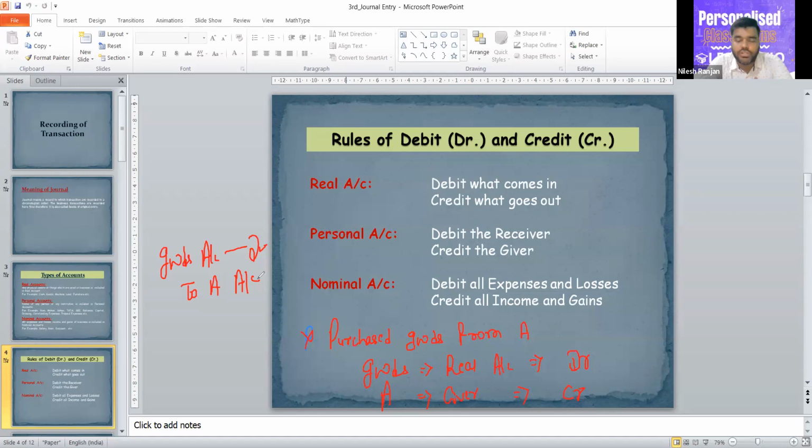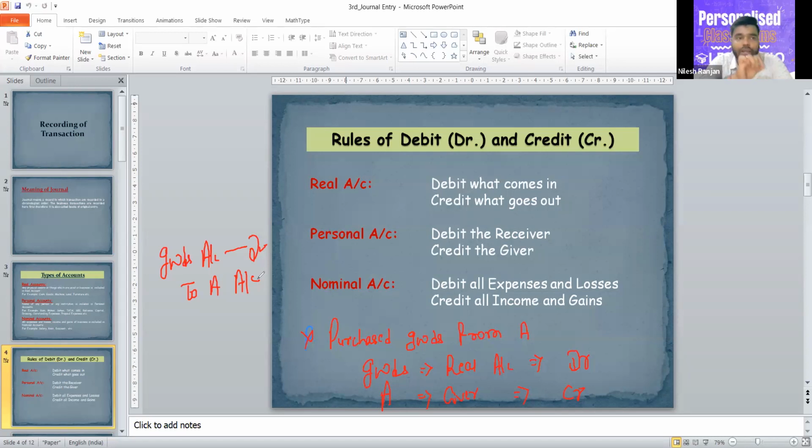A debtor means a person we have sold our goods to on credit basis, who has to pay us money now or in future. If he pays us now, then the account is settled and there are no dues.